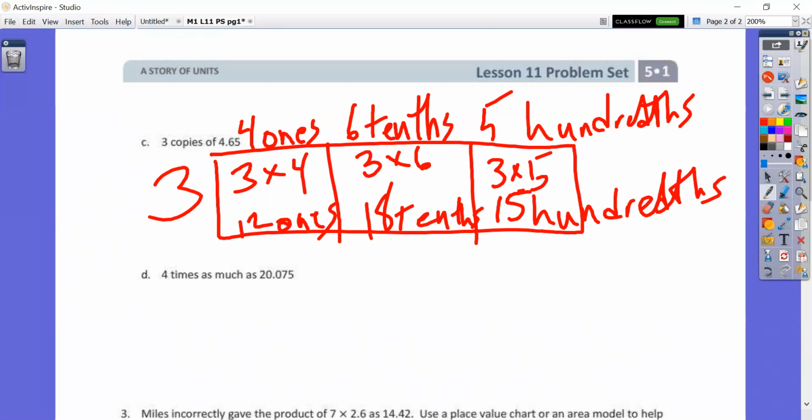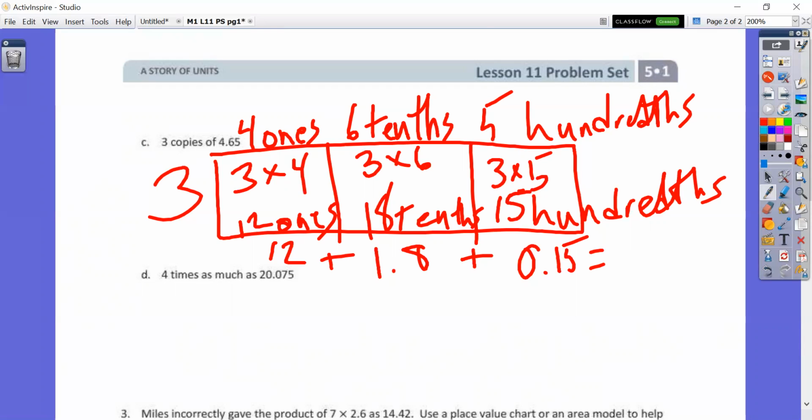So now we need to convert into standard form and then add them up. Well, 15 hundredths, again, can't have more than 10, so regroup over into the tenths. So this should be 0.15. 18 tenths, again, regrouping, move some over to the ones, so this one should be 1.8. And 12 ones, those are just 12 wholes. We're going to add those together. Well, if you can do it mentally, go ahead and do it.